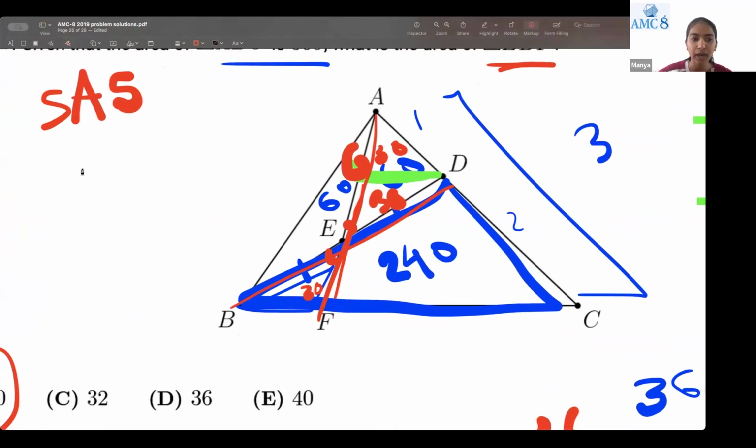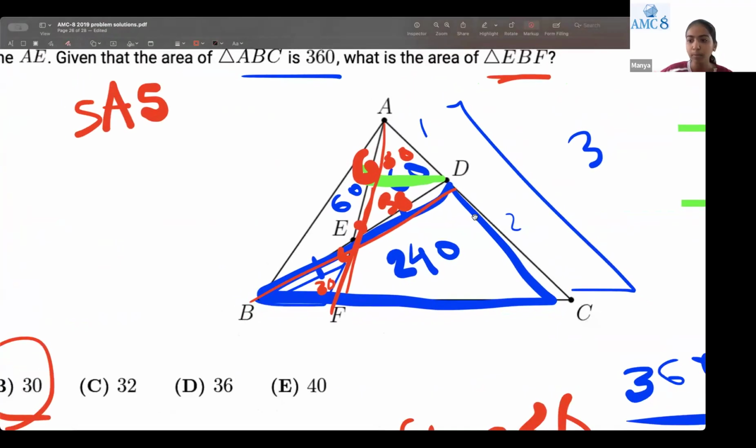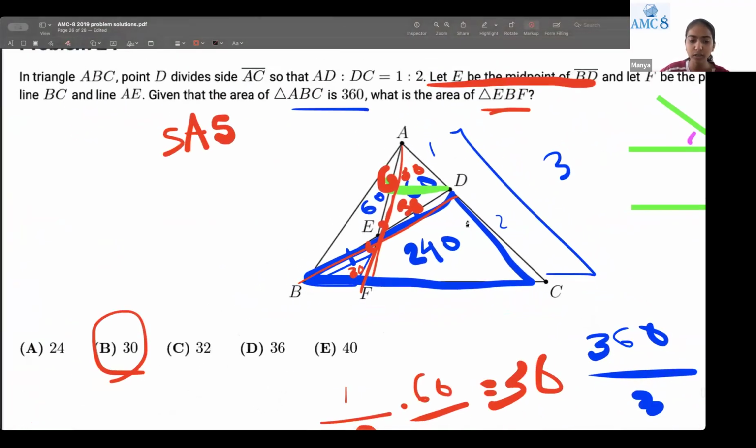They share an angle, which is the vertical angle. And so proving that those two triangles are congruent means that they both have equal area. So 30 has to be equal to 30 since EGD is equal to BEF. And that's how we got our answer 30.